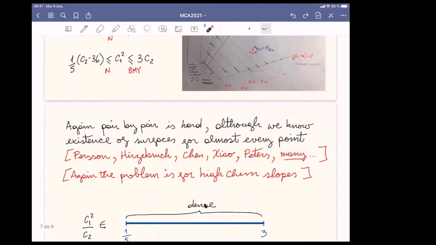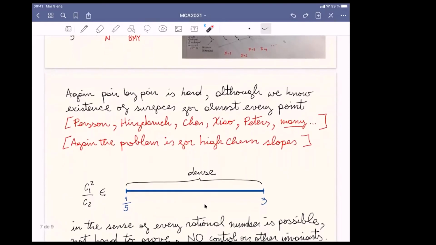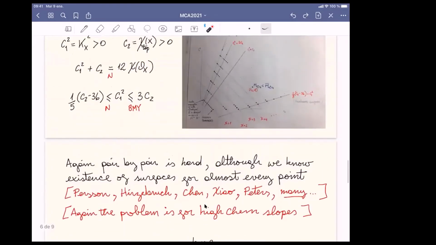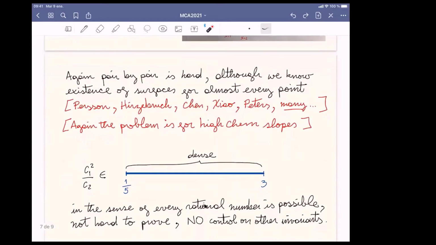So again, okay, I want to talk about this Chern slope for these surfaces. Now, I will take the slope between 1/5 and 3. Of course, this is not 1/5, but asymptotically it is 1/5 for unbounded regions. If you take less, then you consider a bounded region. So between 1/5 and 3, this Chern slope is dense, and that is not hard to prove.